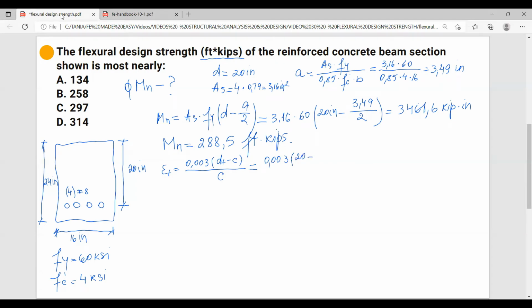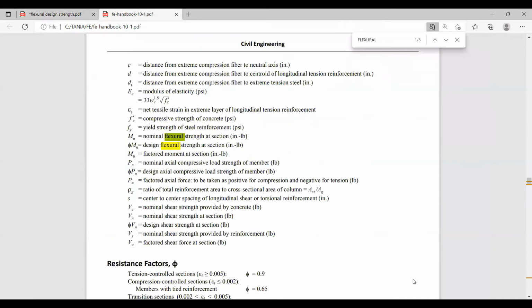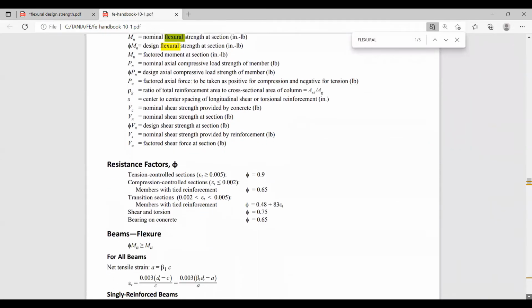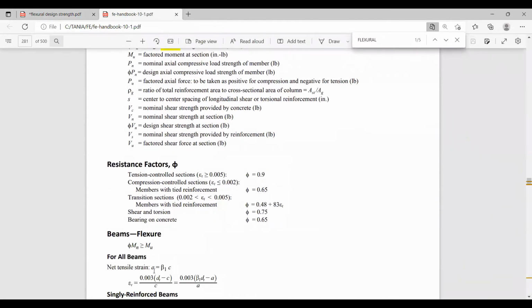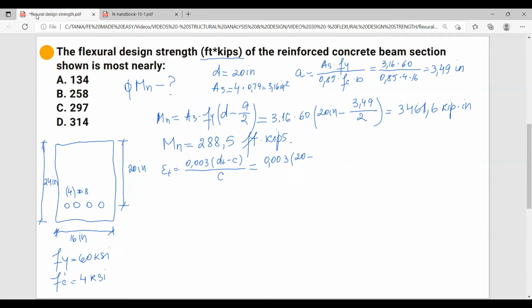20 inches minus c. Now let's see, do we have to calculate c? Looking at the FE handbook, a equals beta 1 times c. Let's write this down. a equals beta 1 times c.